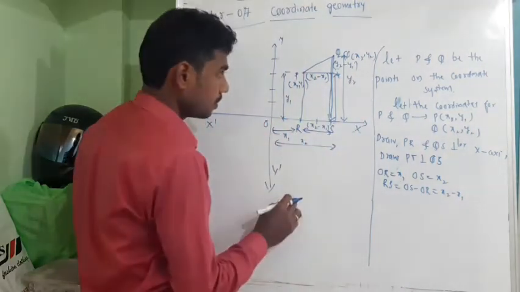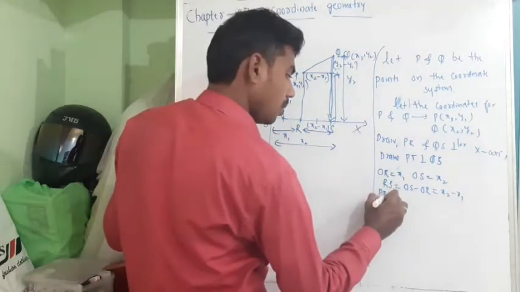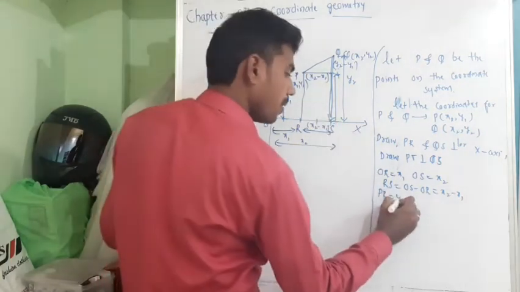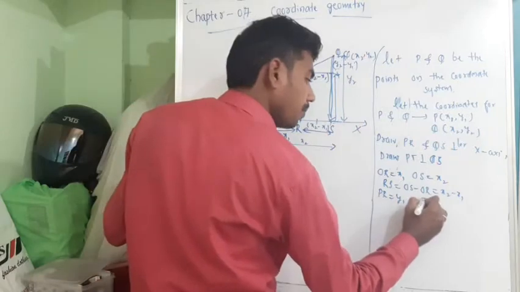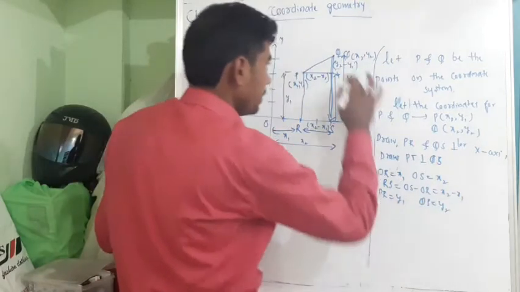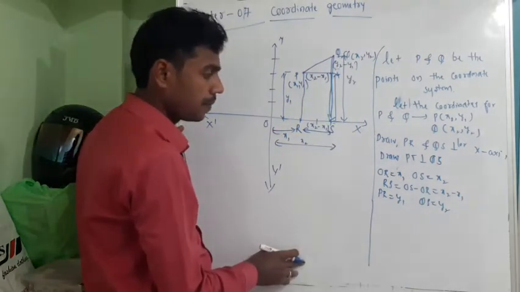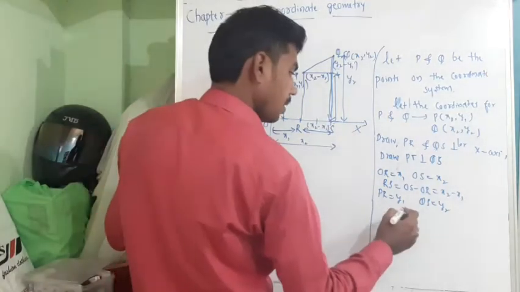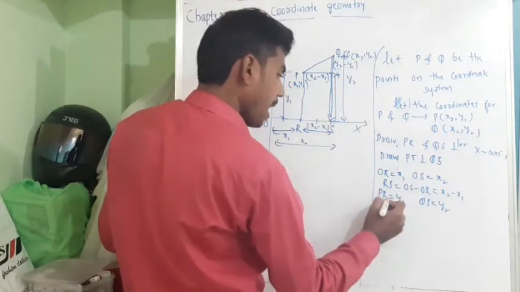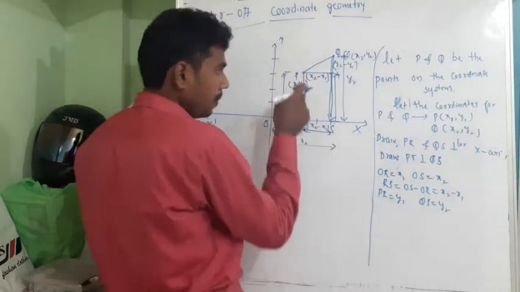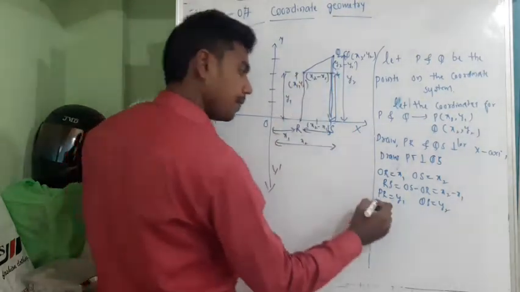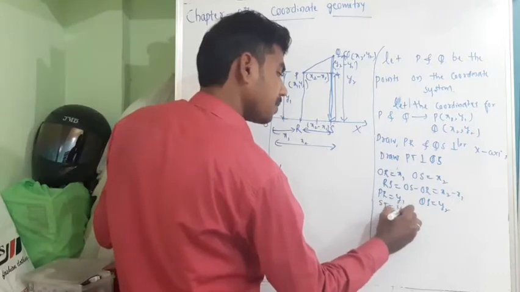Here PR is equal to y1, QS is equal to y2, and PR is equal to ST, which is equal to y1.